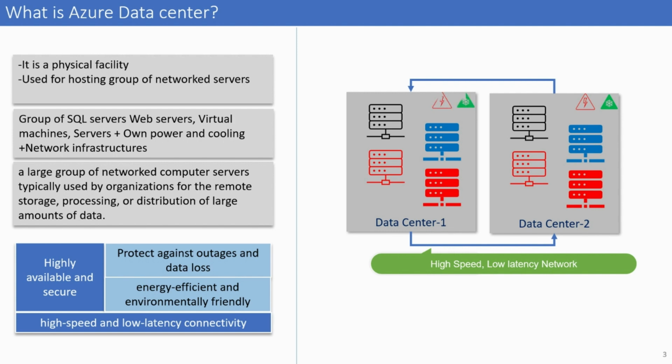Azure data centers within the same region are connected through a high speed and low latency network, which provides fast and reliable communication between them. If you look here, every data center has its own power and cooling unit, they are geographically separated, and they are connected by a high speed and low latency network.